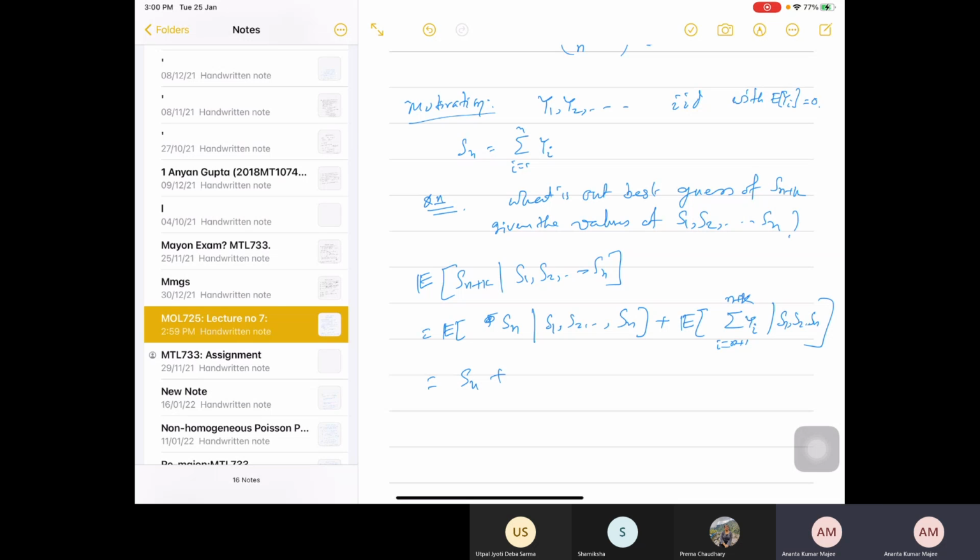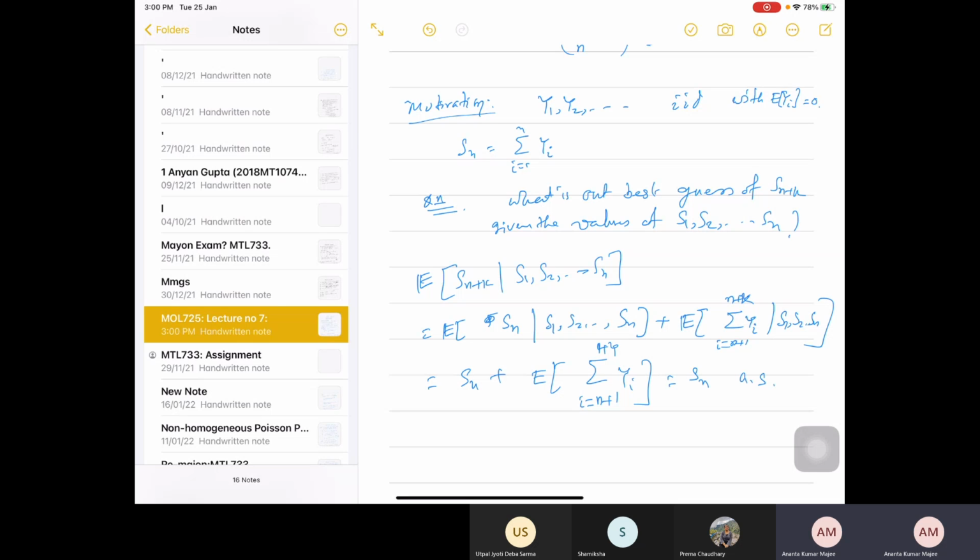From the property of conditional expectation, the expectation of X given nu, if X is independent of nu, is just the expectation of X. So this is the expectation of the summation over i equal to n plus 1 to n plus k of Yi. This is a finite sum, so you can take the expectation inside, and the expectation of each Yi is equal to 0. Hence this is nothing but S of n almost surely.